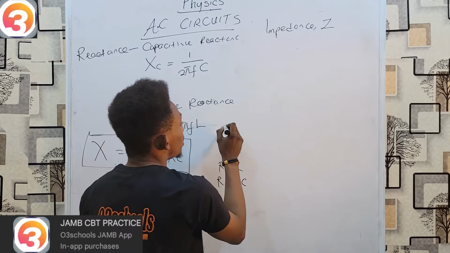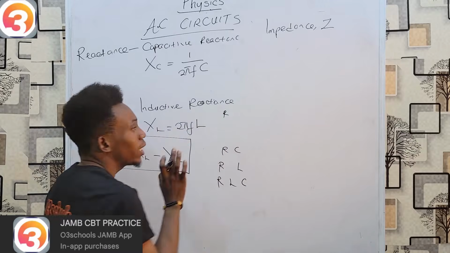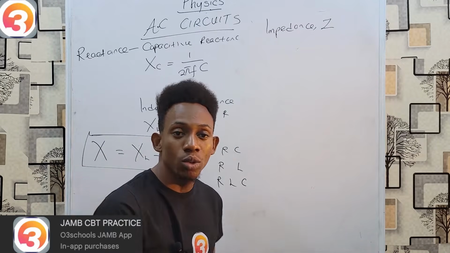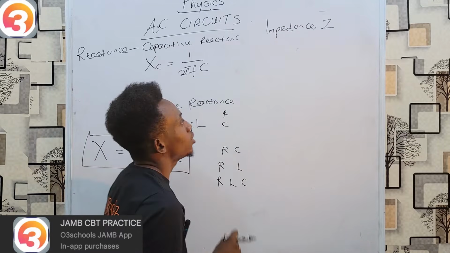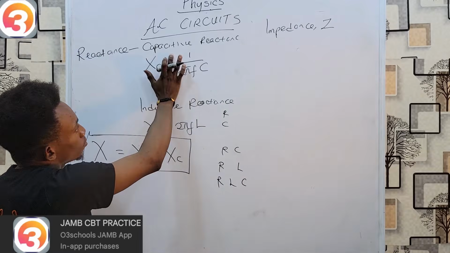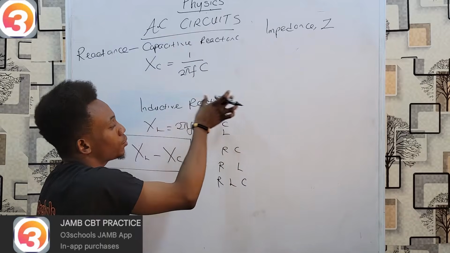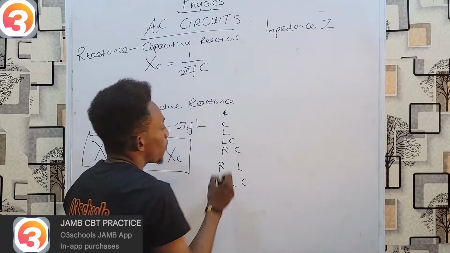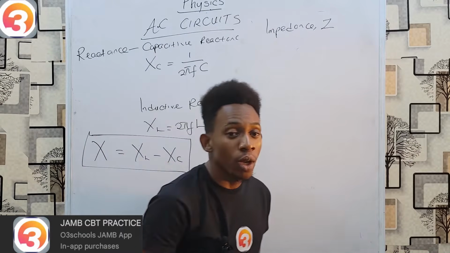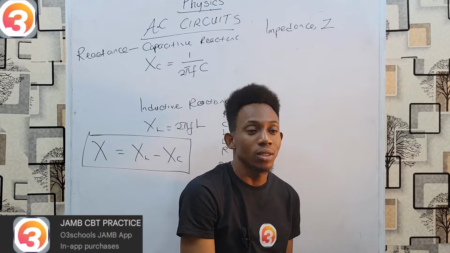But if you have only a resistor, that is going to be a purely resistive circuit. If you have just a capacitor, that would be capacitive reactance. Just an inductor, inductive reactance, inductor and capacitor, and that would be just reactance, no impedance.